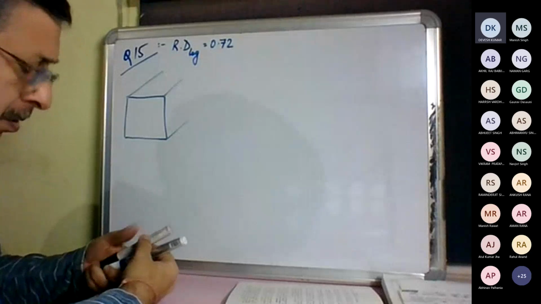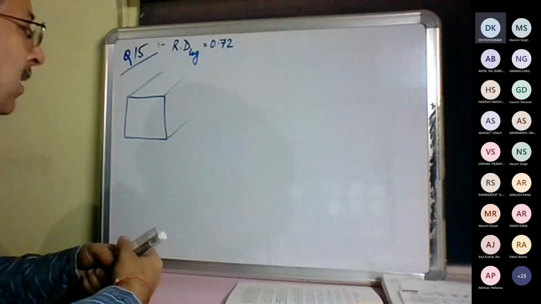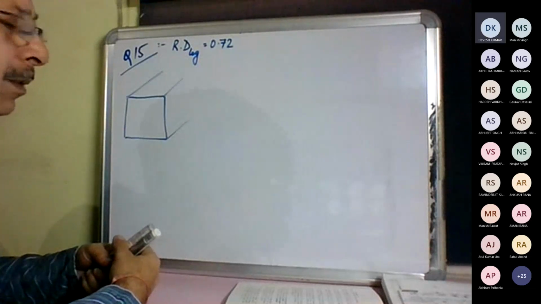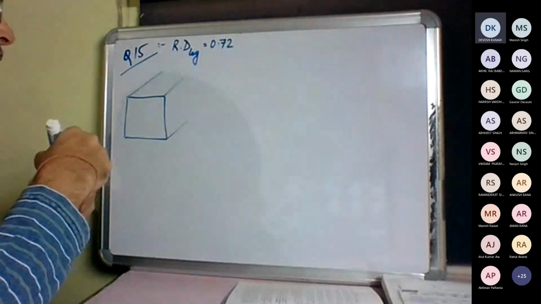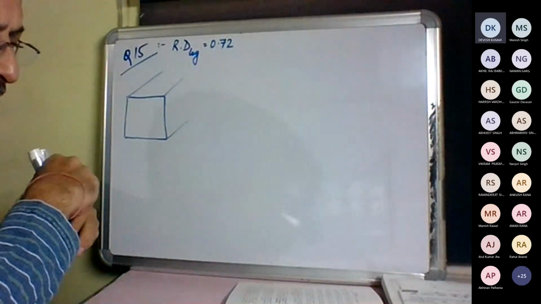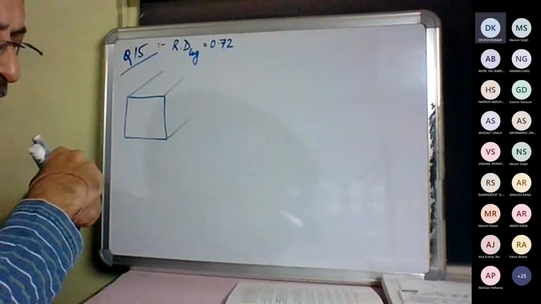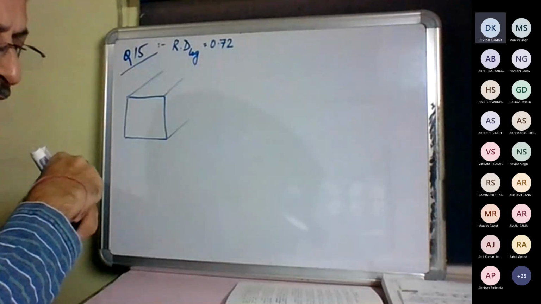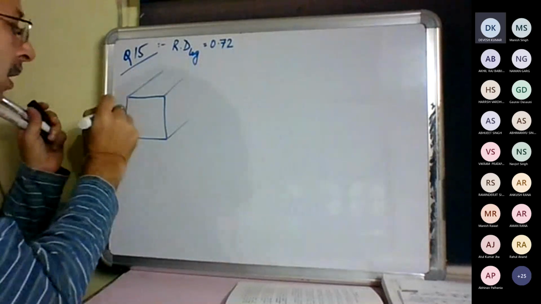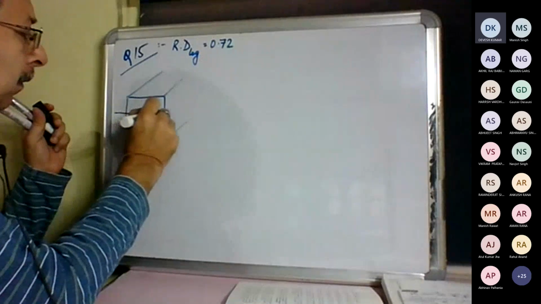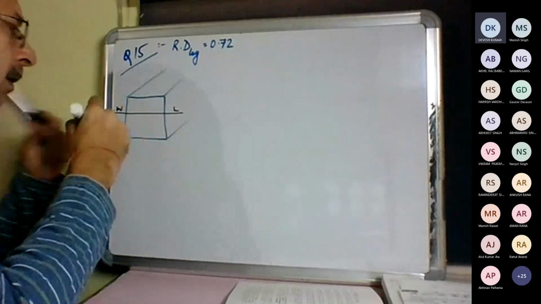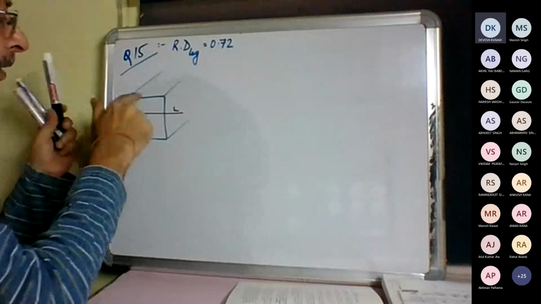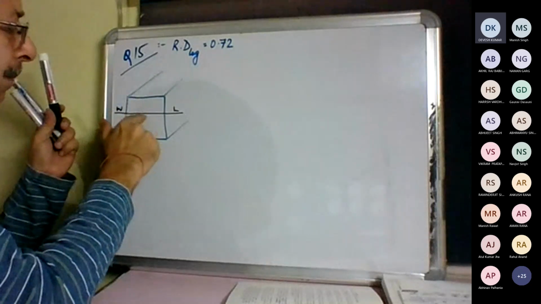Sir, what does one side parallel mean? One side parallel, I'm coming to it. Let me just come to the question. So when we say: prove by calculation whether it can float with one side of the square parallel to the water line. If this is my water line, then I have to prove that this side will be parallel to this.